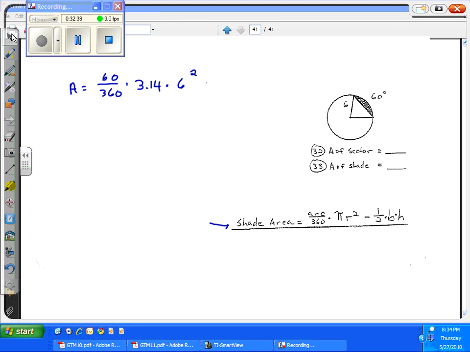There's the area of the sector, minus the triangle, which is 1/2 times its base, which we don't know, times its height, which we don't know. So we've got to find the base and height. So we need to analyze that triangle.